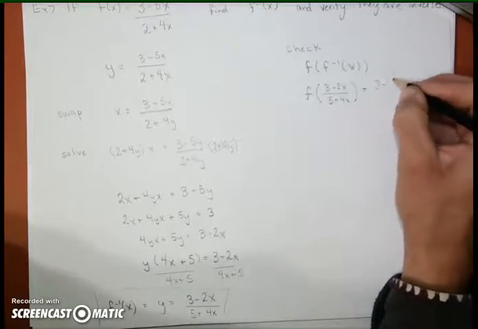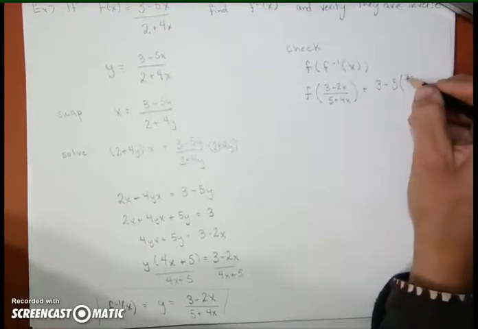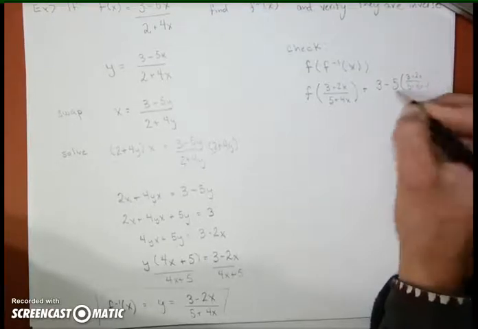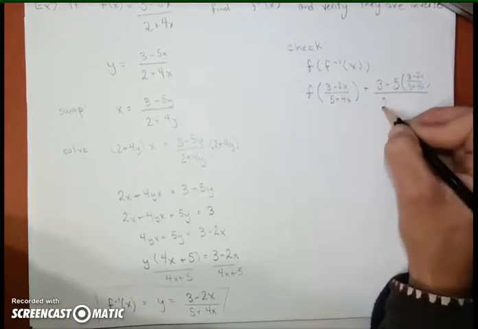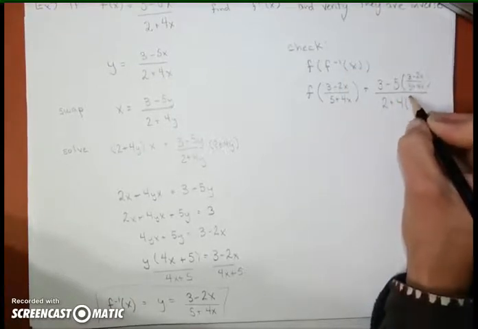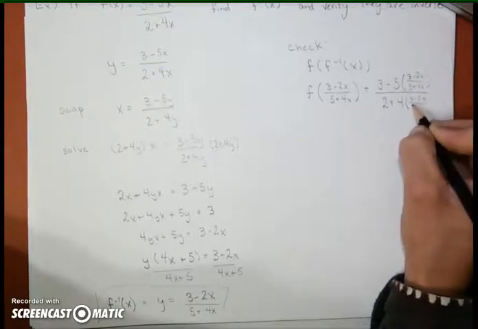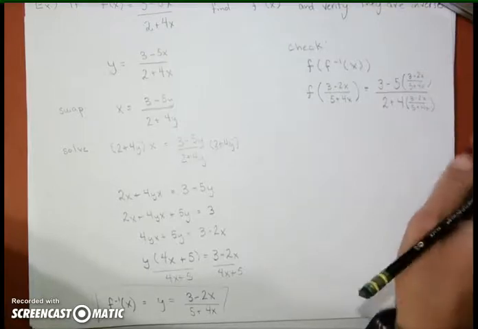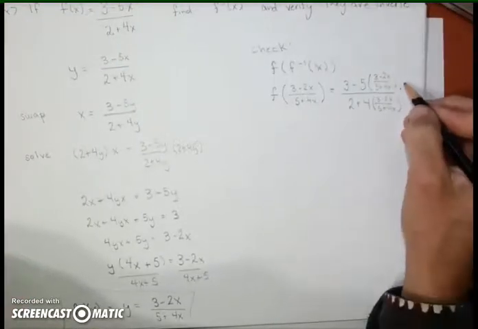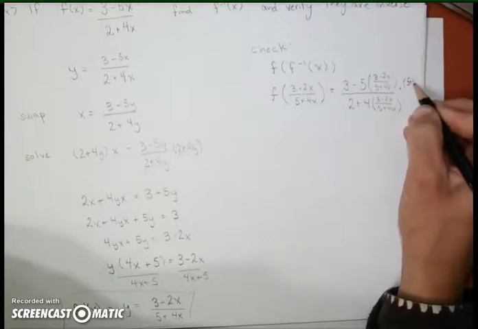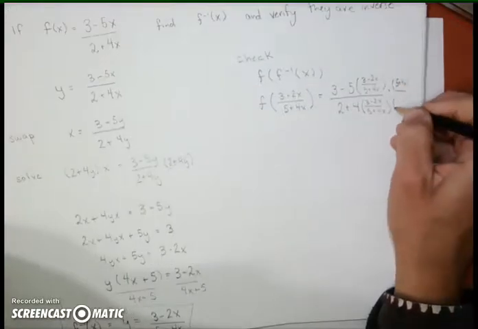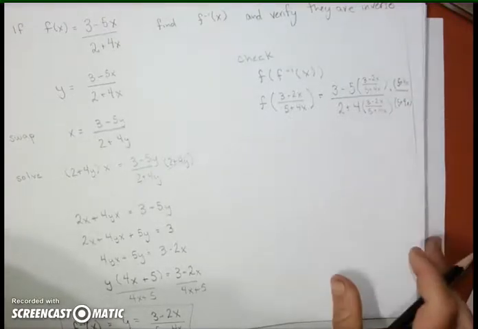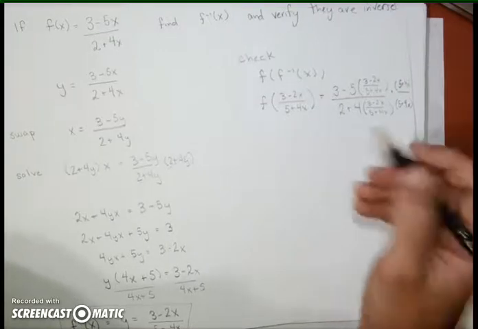So 3 minus 5 times all of this, and the whole thing divided by 2 plus 4 times all of this. Now again, I've got this nasty denominator. I can get rid of it by multiplying top and bottom by 5 plus 4x. This is just 1, right? So I'm multiplying by 1 in a clever way.